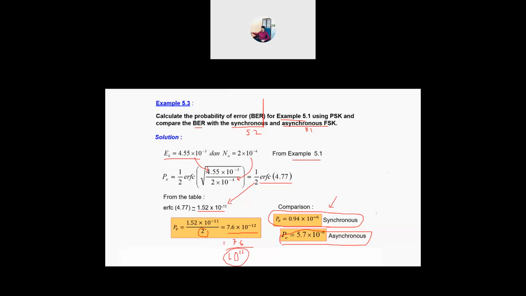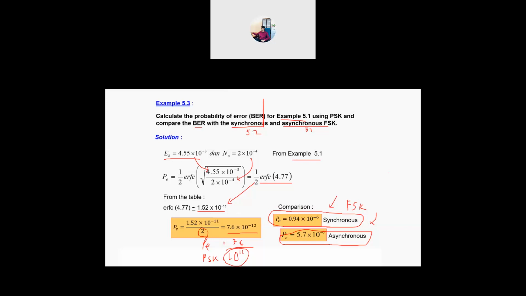So based on this calculation, we can say that the bit error rate for PSK is much smaller than the bit error rate in synchronous and asynchronous FSK. So based on this, PSK is better.